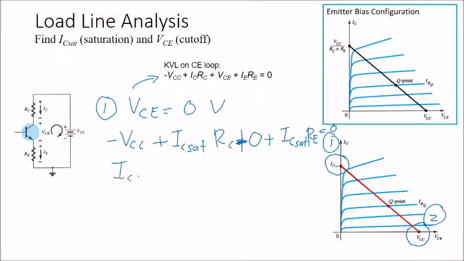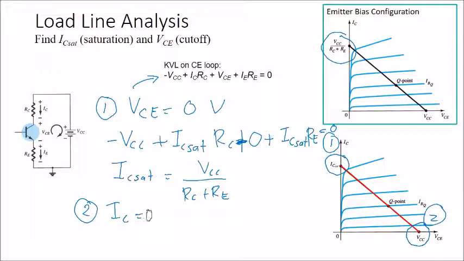Rearrange this equation and you will find that IC saturation is equal to VCC over RC plus RE. It's totally the same as the emitter bias configuration. For the second point, you have to substitute the value of IC equal to 0 into the KVL equation. So VCC plus, IC is 0, so this term will be 0, and then plus VCE.